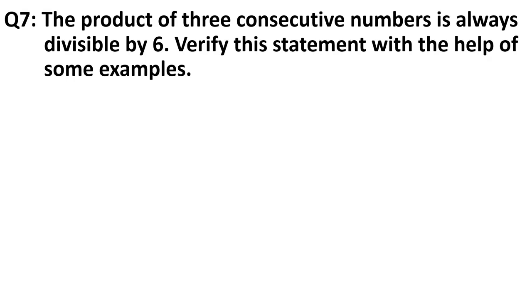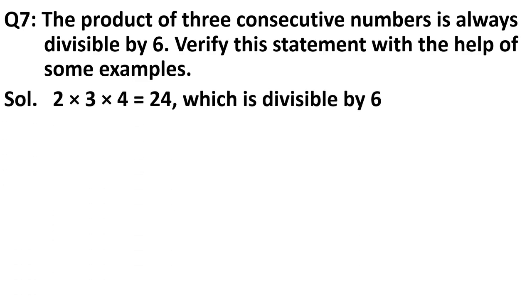Now see the solution. I have taken here 3 consecutive numbers 2, 3 and 4. Find their product. 2 multiplied by 3 multiplied by 4 is 24. So is 24 divisible by 6? Yes. I have done it by one example.